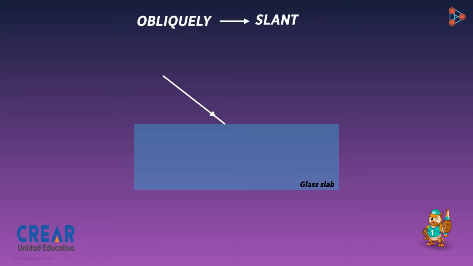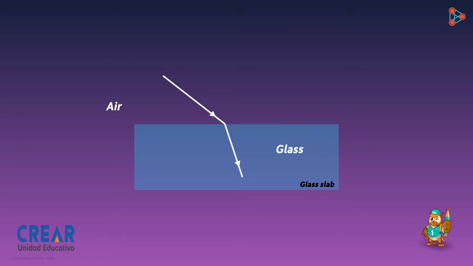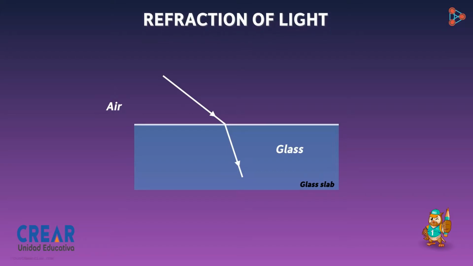converging and diverging. The converging lenses make rays come together. The opposite of it is the diverging lenses, which make the rays separate. Refraction of light can be seen in many places in our everyday life.